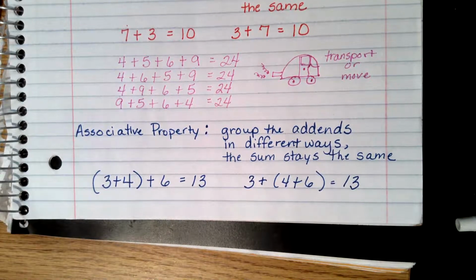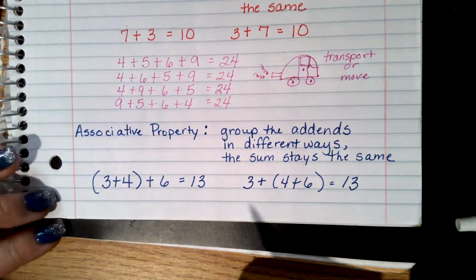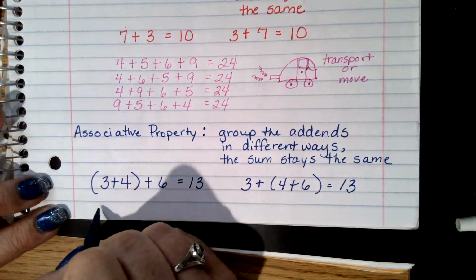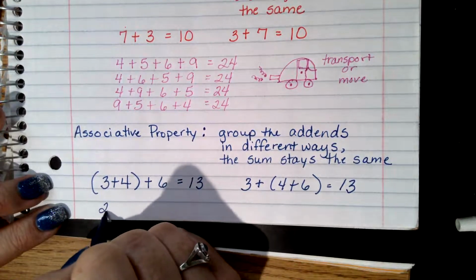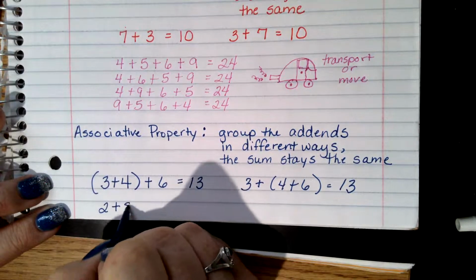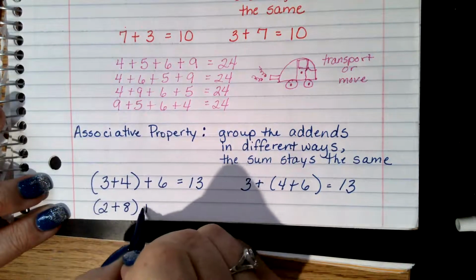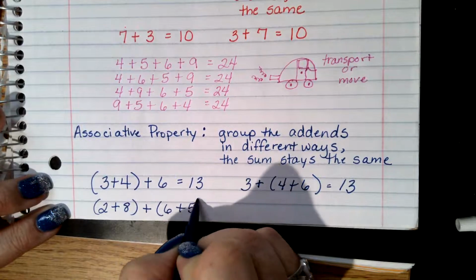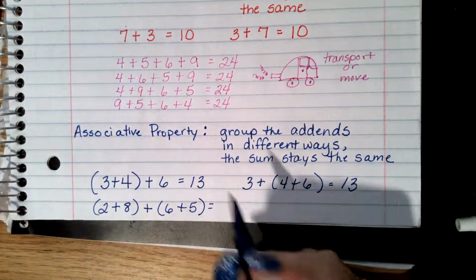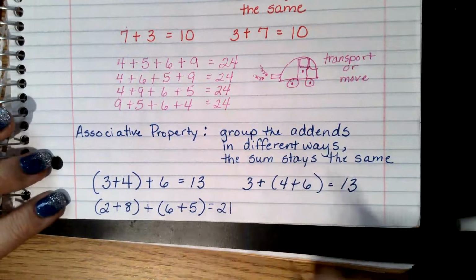And you can do that with several numbers. Let's see, if I did something like this. Let's go with 2 plus 8 plus 6 plus 5 equals 21.